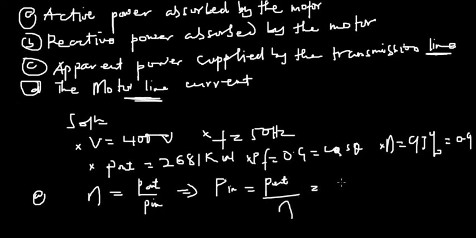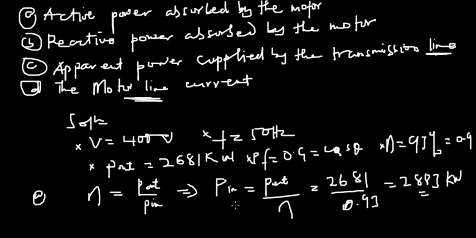So that's equal to 2681 divided by 0.93. When you compute this on your calculator, you end up with 2883 kilowatt. Take note of the unit, very important.